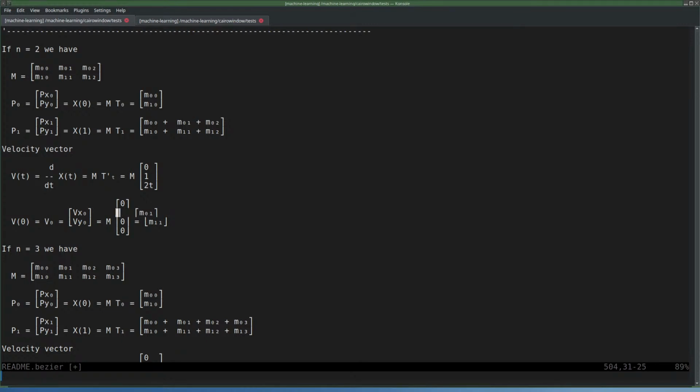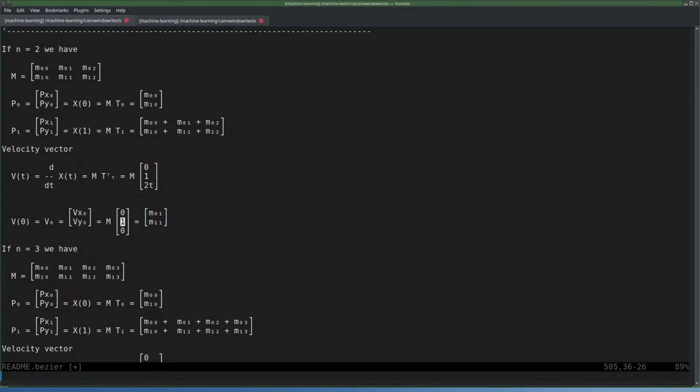Shift T P or something, where T is 0, so this is a 1.